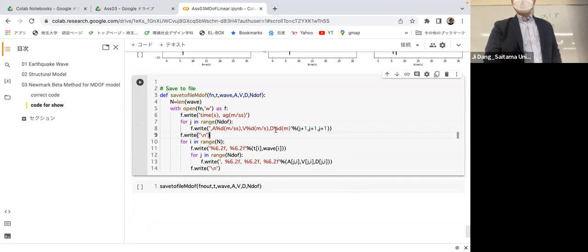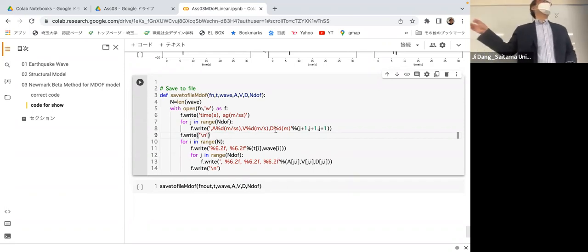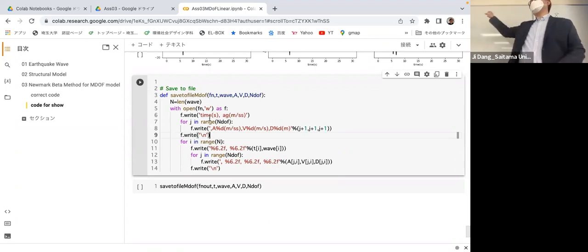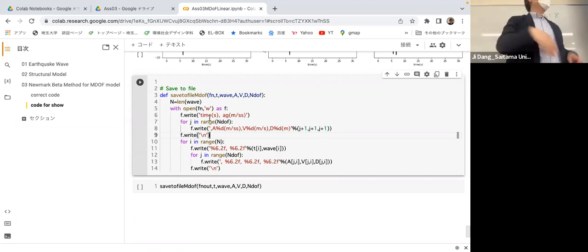A1, V1, D1, A2, D2, A3, and so on for each of them. The first column should be times. The second column will be AG, the ground motion. And from the third one, it should be the AVD, AVD, AVD of each floor, vertically, okay?